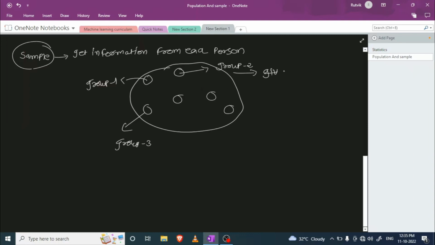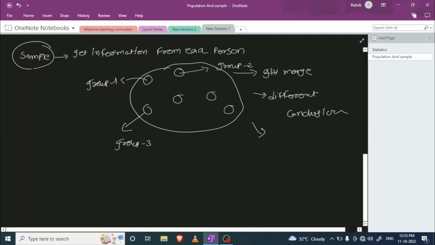That prevents the previous problem we had in the population part, and whatever result we have will not be biased.